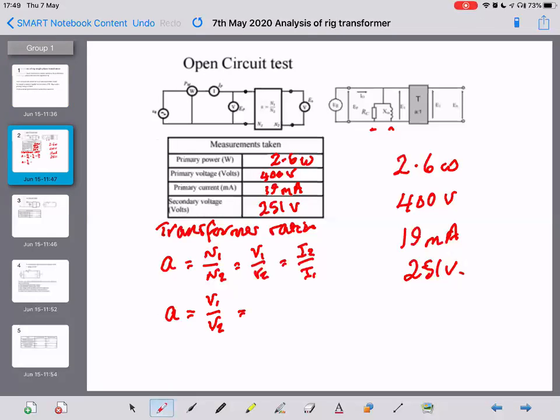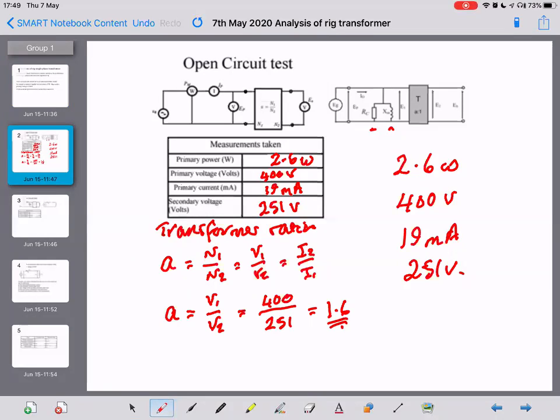That is 400 over 251 equals 1.59, let's say 1.6 then, shall we, among friends? So that's the first piece of data that we've found, that A is 1.6. We're going to need that later.